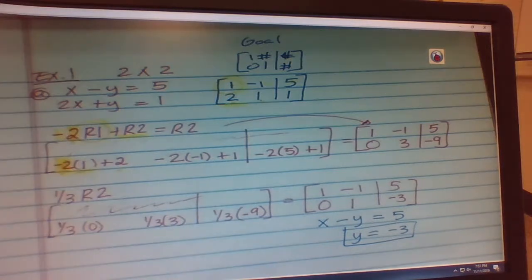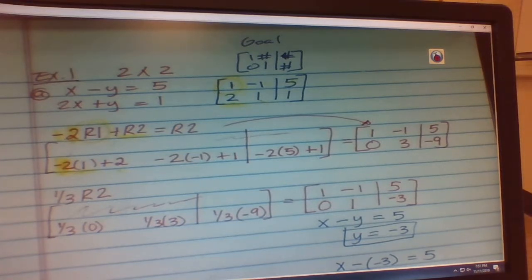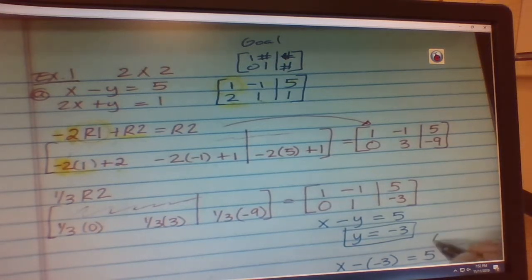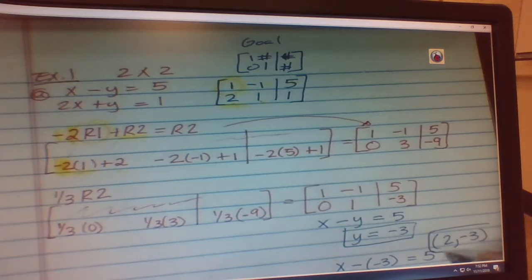How do you find out who your x is? Plug it in. So I get x minus a negative 3 equals 5. x plus 3 equals 5. Minus 3, minus 3. x is 2. So my answer should be 2, negative 3.